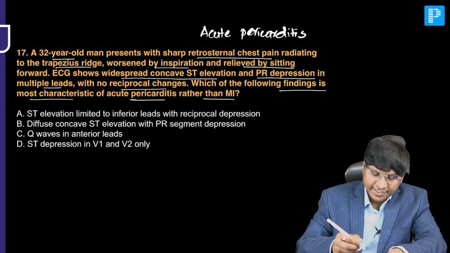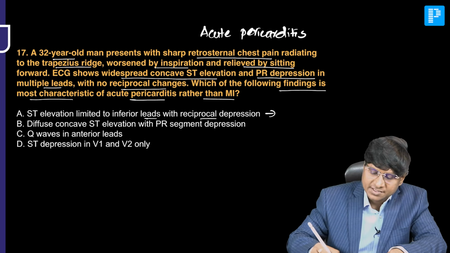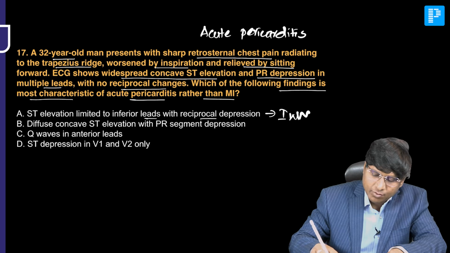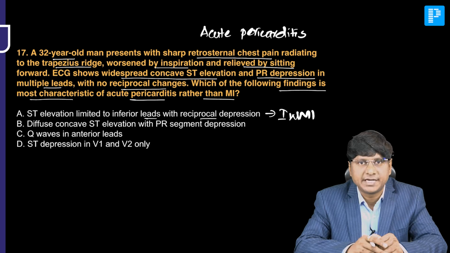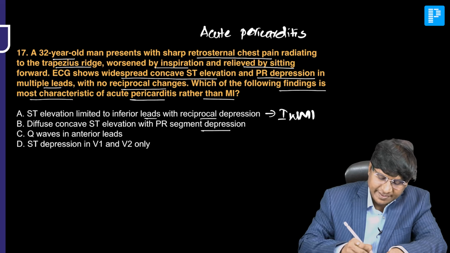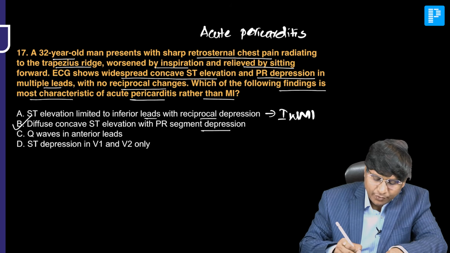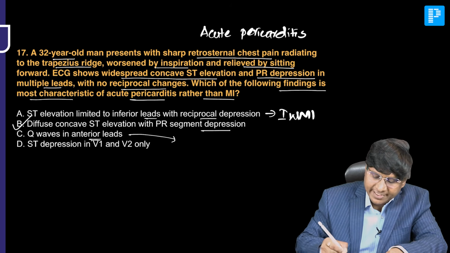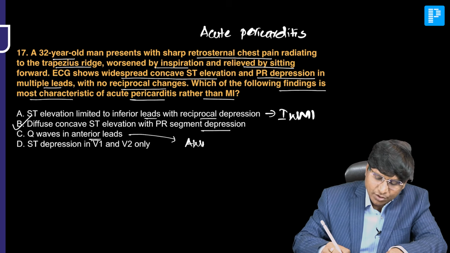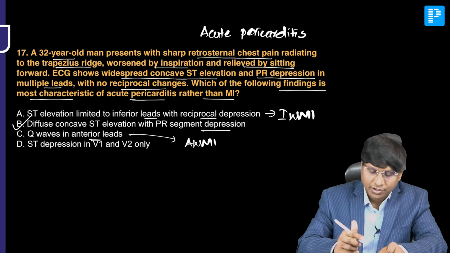The first option, ST segment elevation limited to inferior leads with reciprocal depression, is observed in inferior wall MI but not in acute pericarditis. Second option, diffuse concave ST segment elevation with PR segment depression. This is the correct answer, B. Then Q wave in the anterior leads is suggestive of anterior wall MI.